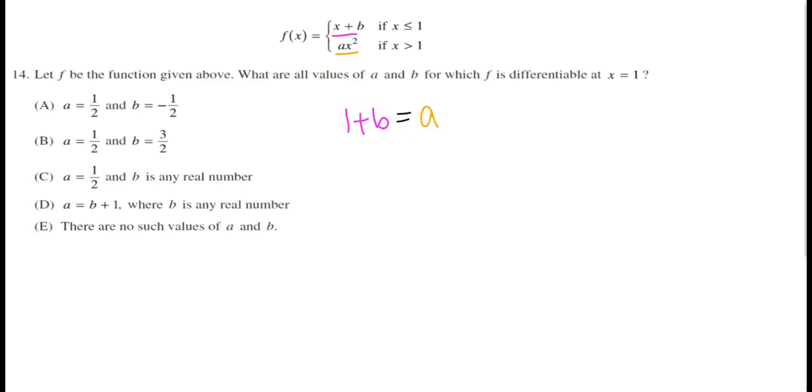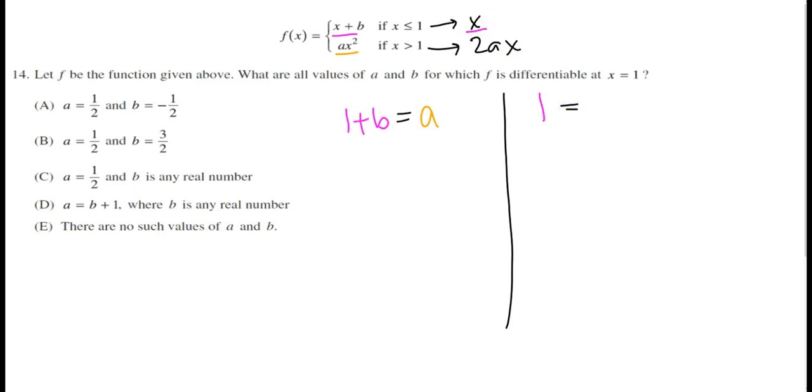Okay? Now, let's do the same thing with their derivatives. The derivative of the top piece is just x plus b. The derivative of the bottom piece is 2ax. So now set those pieces equal to each other at x equals 1. When I plug in 1 here, I get just 1.